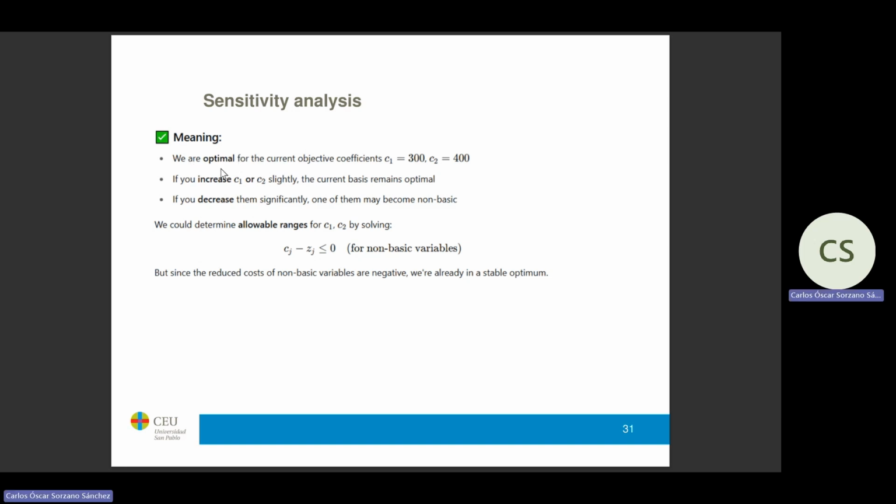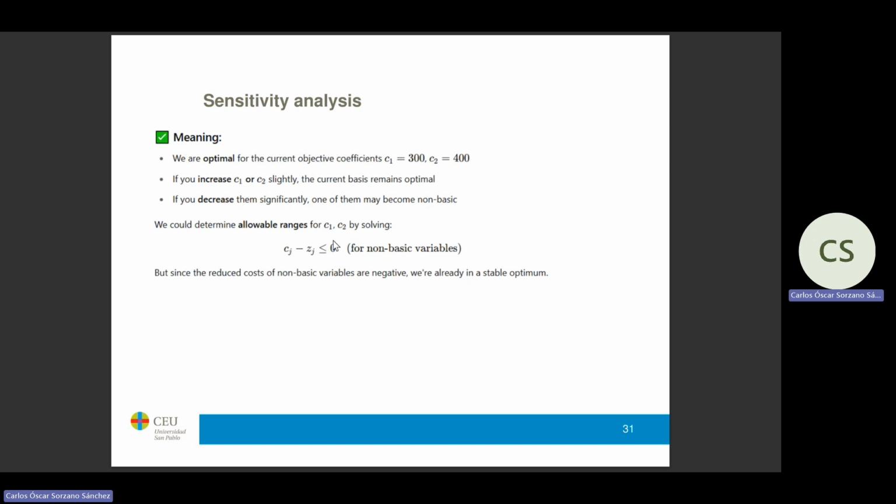That means that we are optimal for the current coefficients. These were our current coefficients. And if you increase C1 or C2 slightly, so slightly is just a little bit, the current basis remains optimal. If you decrease them slightly, one of them may become non-basic. So if you increase, the solution is the same, but if you decrease, one of them may get out of the basis.